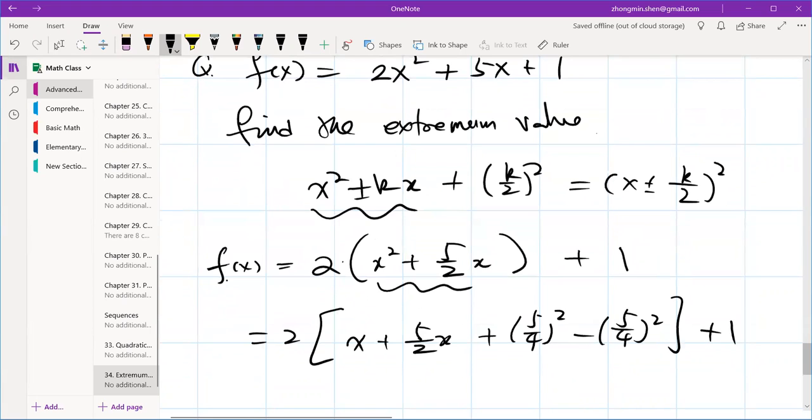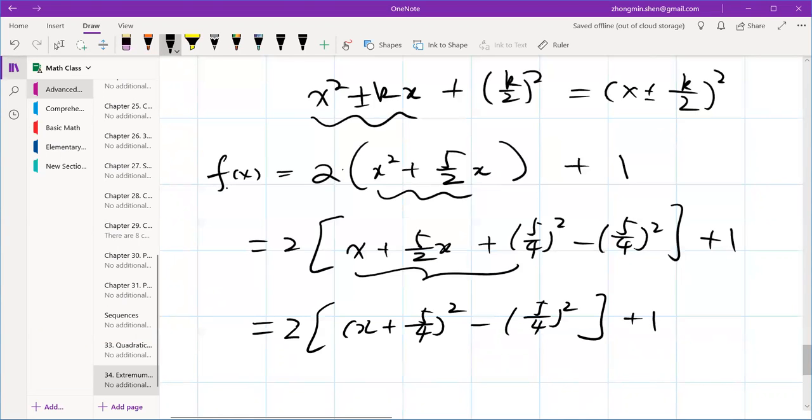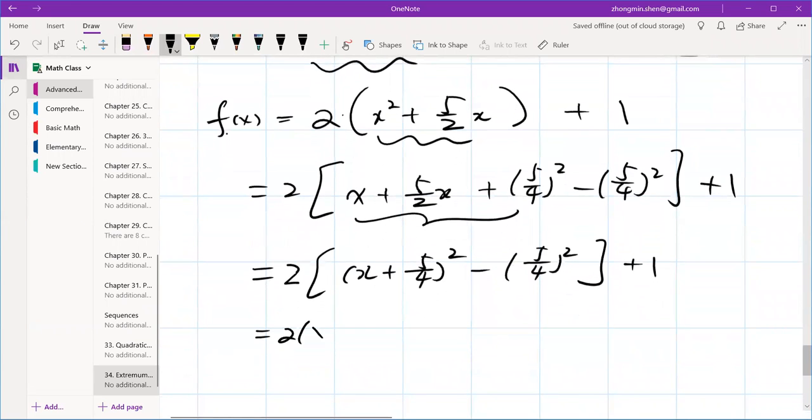Okay, then this will be combined into a square. Then you multiply this out, and minus 2 times 5 over 4 squared plus, well, let's simplify it, okay?